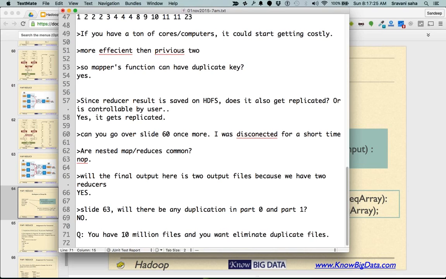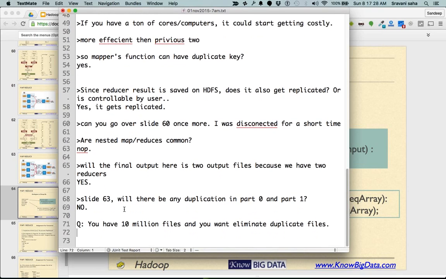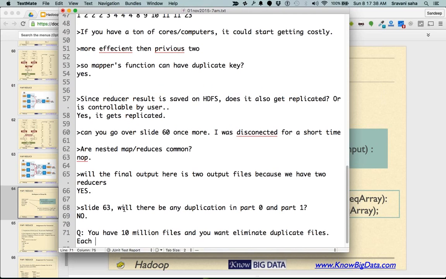Or you have 10 million files. I'm just going to take a case, and imagine that each file is less than, say, 10 MB.